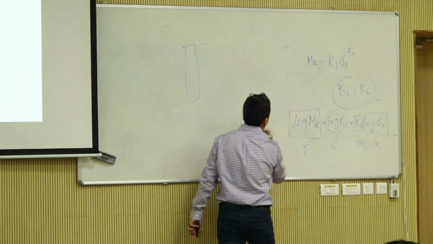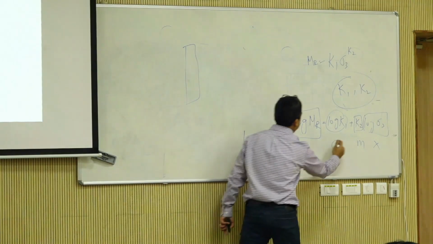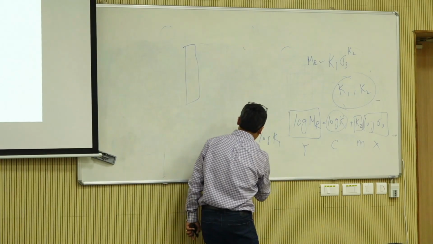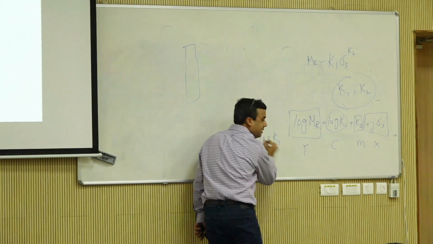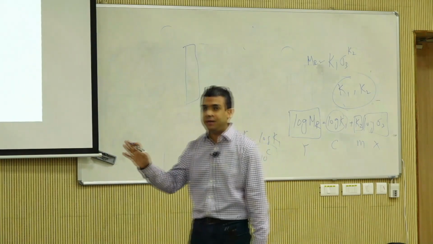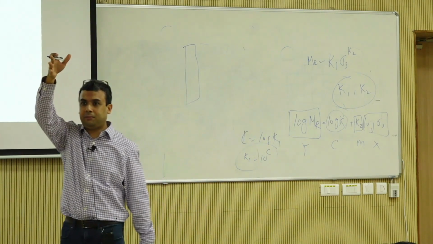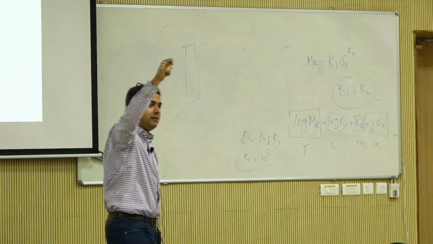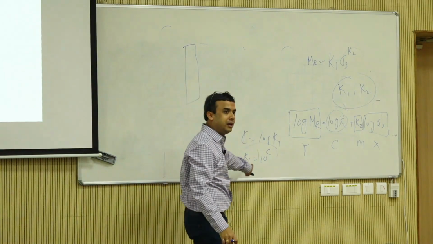So this is basically C, so C is equal to log K1, so K1 is equal to 10 raised to the power C, and so on. Easy. Everybody? Did you follow it? I want the undergrads, or MTech, just first, did you follow this?